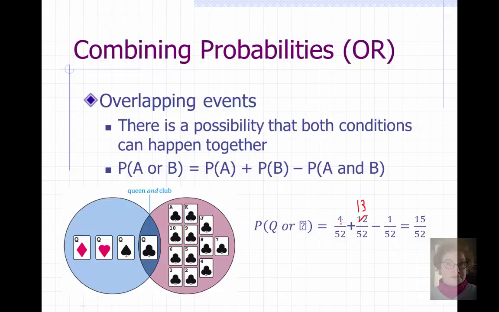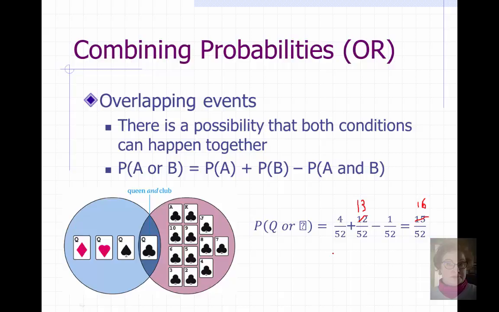So, and then I have to subtract 1/52nd for the queen of clubs, which this is going to be 16/52. We'll make that look like a 6. And so the probability of drawing a queen or a club is going to be 16/52.